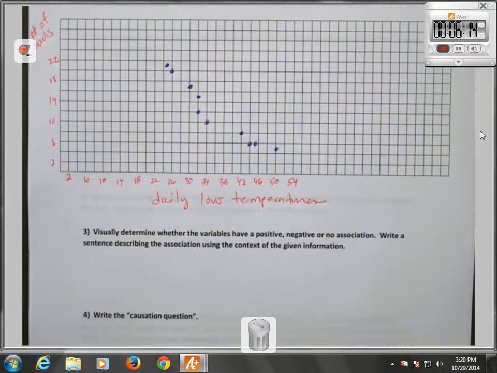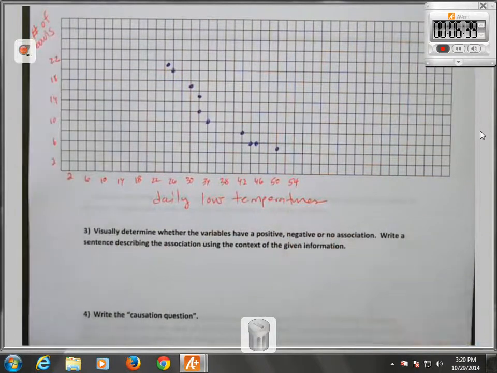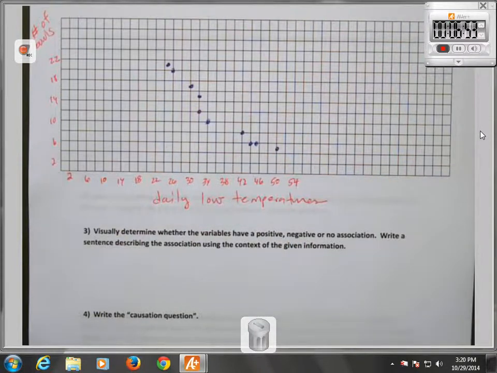We want to visually determine whether the variables, that is the low temperature and the number of bowls of oatmeal, have a positive, negative, or no association, and write a sentence describing that association in context. Association means, do the variables have a relationship to each other? Does one thing perhaps cause the other thing to happen? That's the kind of question we're looking to find evidence for or against. If we were to draw a line to estimate these points, it would definitely have a negative slope.